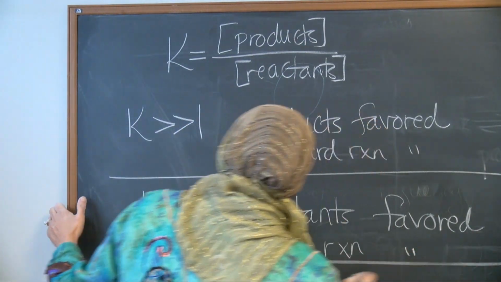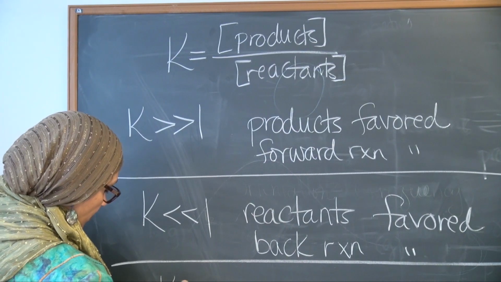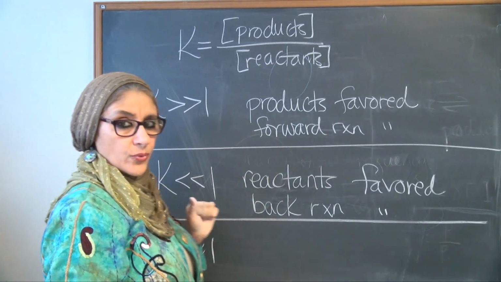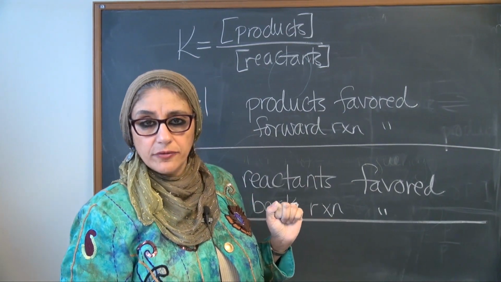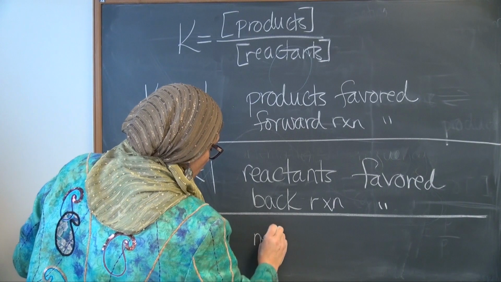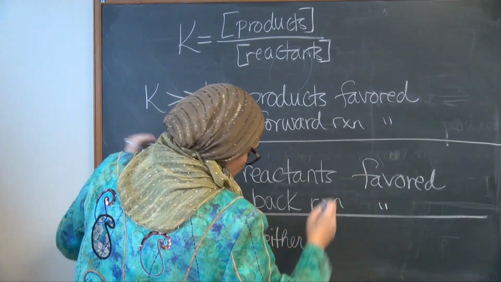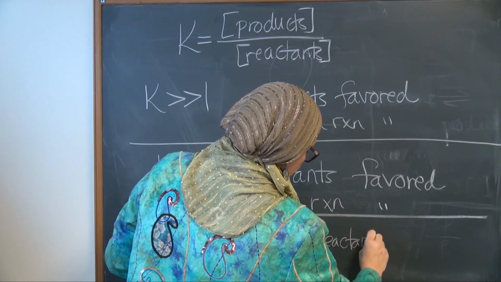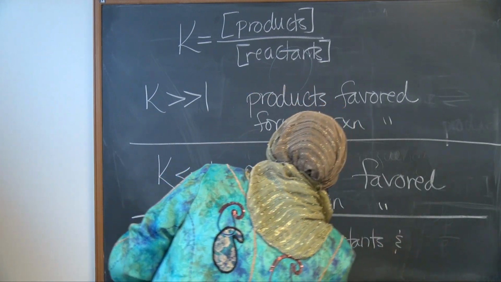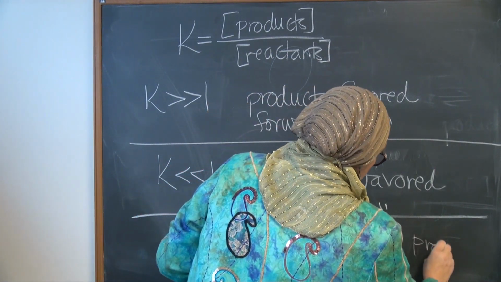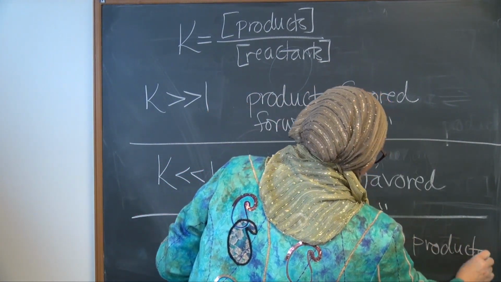And what happens if K is pretty close to 1? That means neither the reactants nor products are favored. They're about the same. So both reactants and products are equally favored.